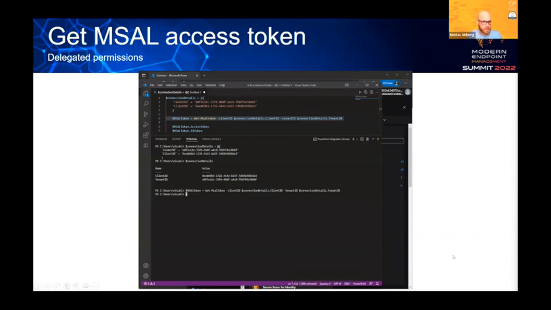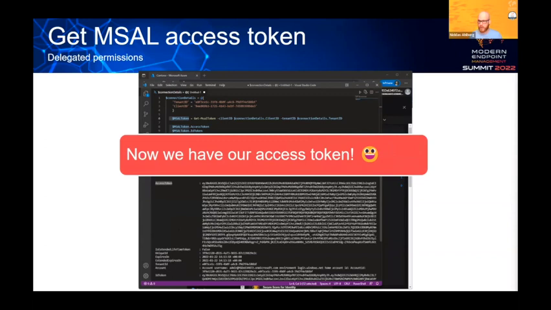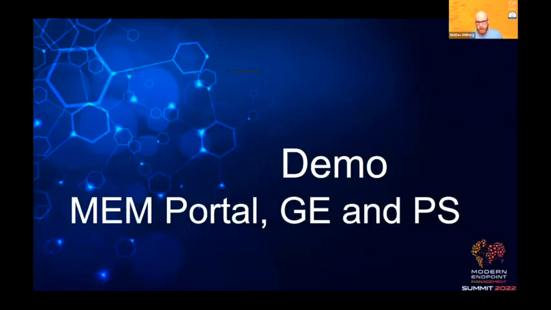And as you can see, the MSAL token variable will have a lot of good stuff. So let's run that to check. There it is. Here is our access token that we will attach to our HTTP request when talking to Graph.